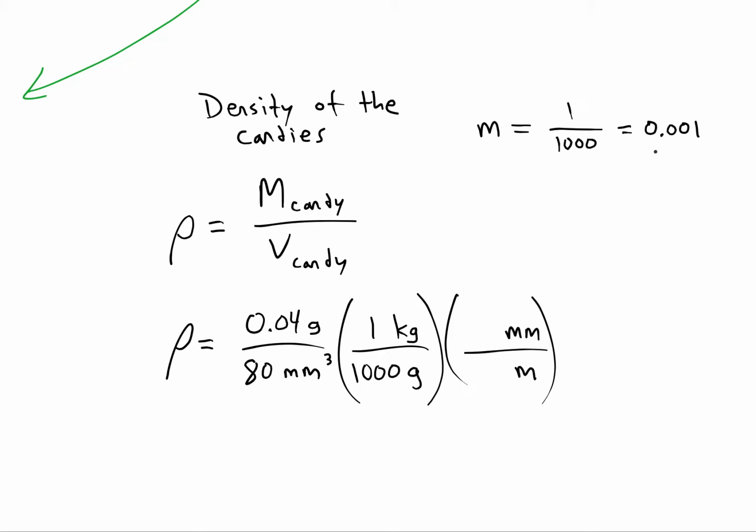But what you would do is put the 0.001 down here, because that is the definition of what a millimeter is, 1,000th of a meter. But of course, we see that we've got millimeters cubed, so we can't stop there. We actually have to cube our conversion factor here. So the density ends up being, looks like, 500 kilograms per meter cubed.